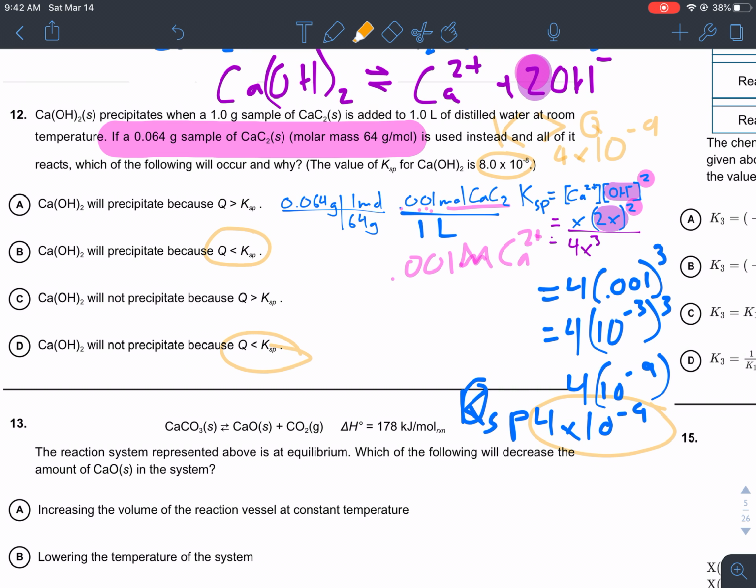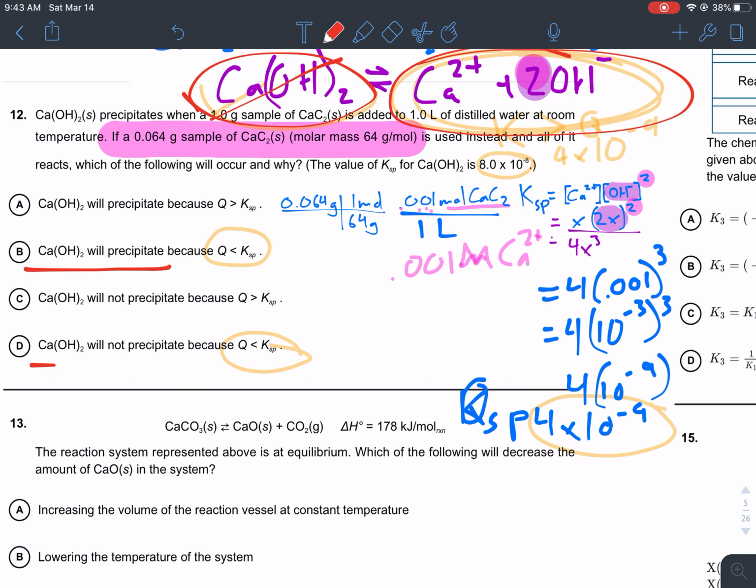It wants to go up. I want to create more product than reactant, right? If your Q is smaller than your K, you want more product to increase your number. You want more of this, not more of this. You don't want more of the calcium hydroxide. If I want more of that, will Ca(OH)2 precipitate or will it not precipitate? The answer is D. It will not precipitate because I don't want any more of the Ca(OH)2.